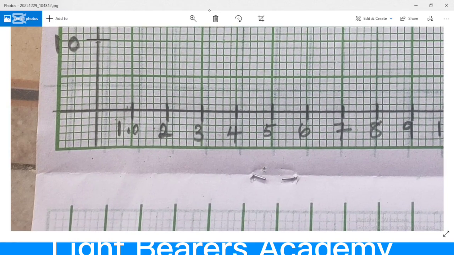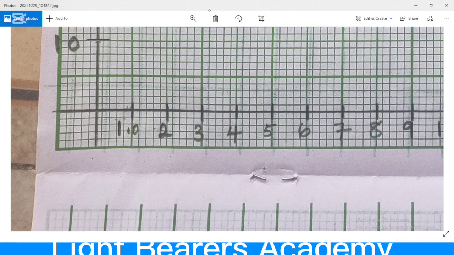Each box is 1 unit. So from 0.0 to 1.0 is 1 box. So 1 box, which is 1 centimeter and which is also 1 unit, represents 1.0 second square.